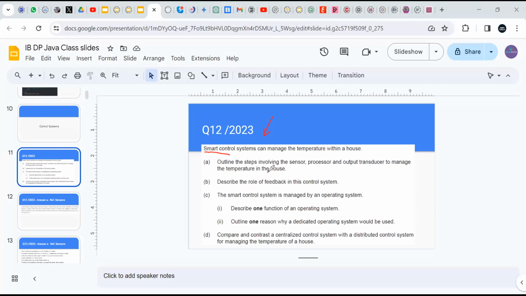Excellent. And what is the output? The output generally comes in the form of an analog signal that's then converted to digital through an ADC.